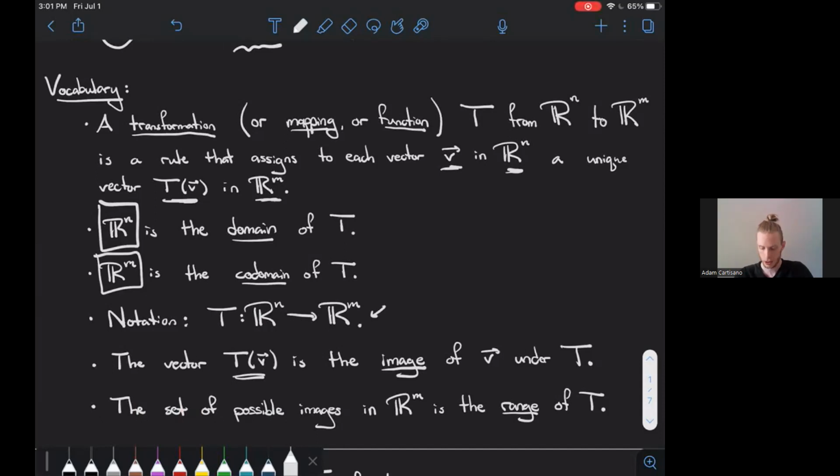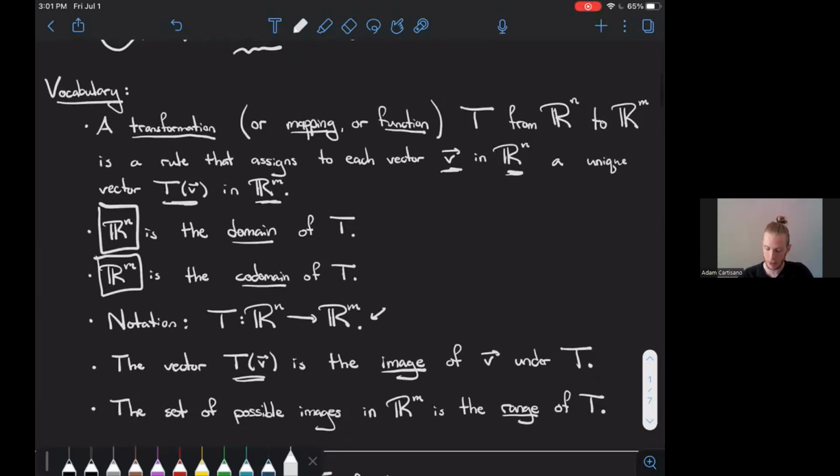For example, take the transformation given by matrix multiplication like we had, but instead of multiplying by some cool matrix, just multiply by this one. The range of that guy, what are all the possible outputs? You multiply an x, y, z. This is how we've defined our map, or our function.